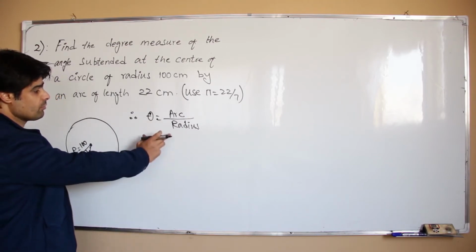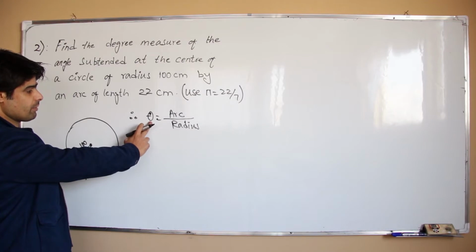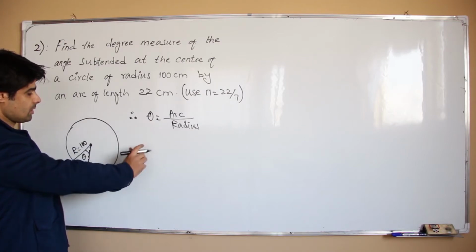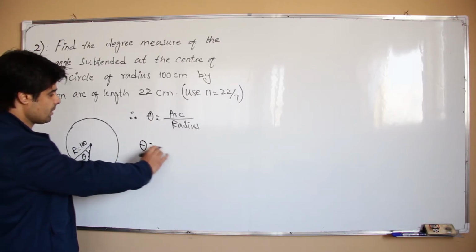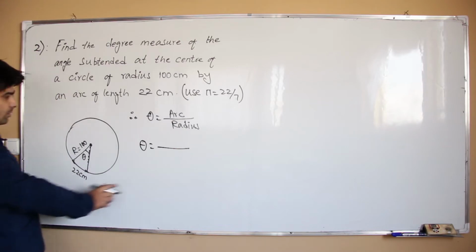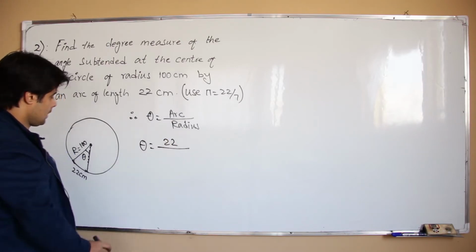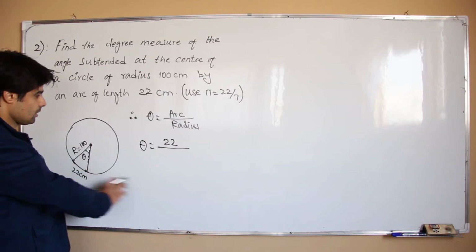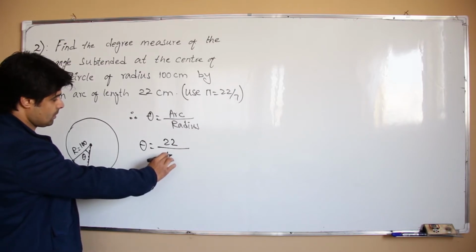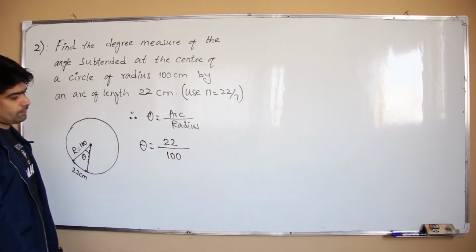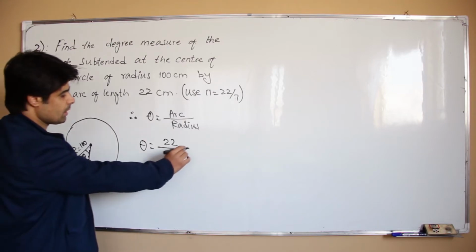It means if you find this value of theta, it would be in radians. So first we will find it in radians: instead of arc, 22, and instead of radius, 100.